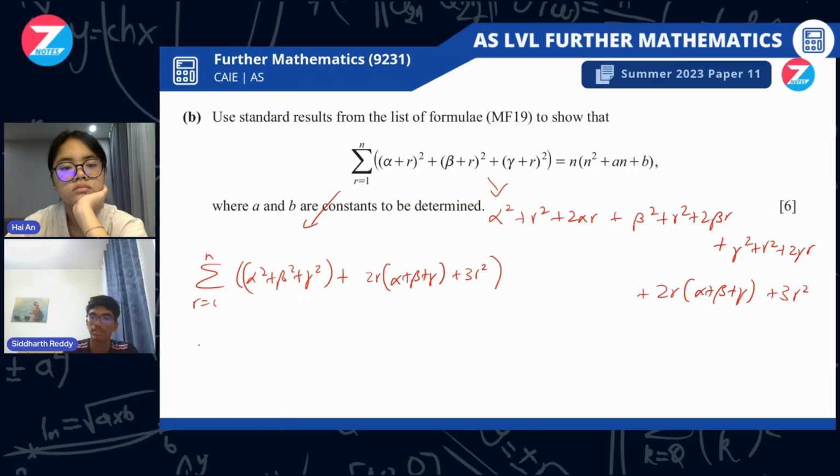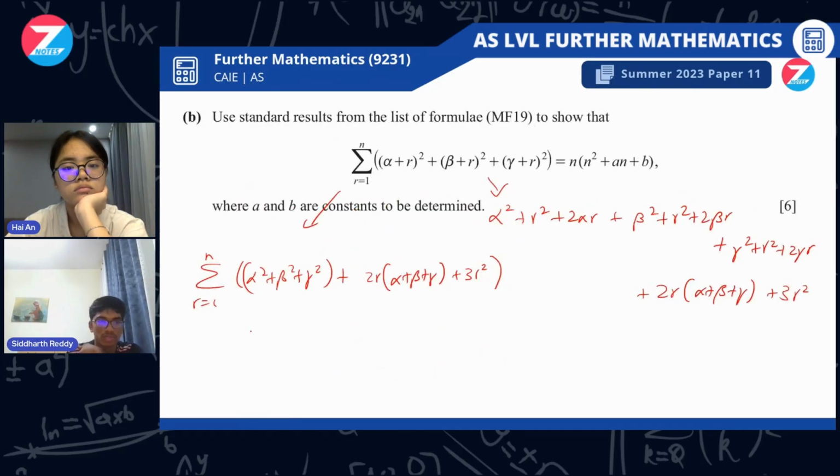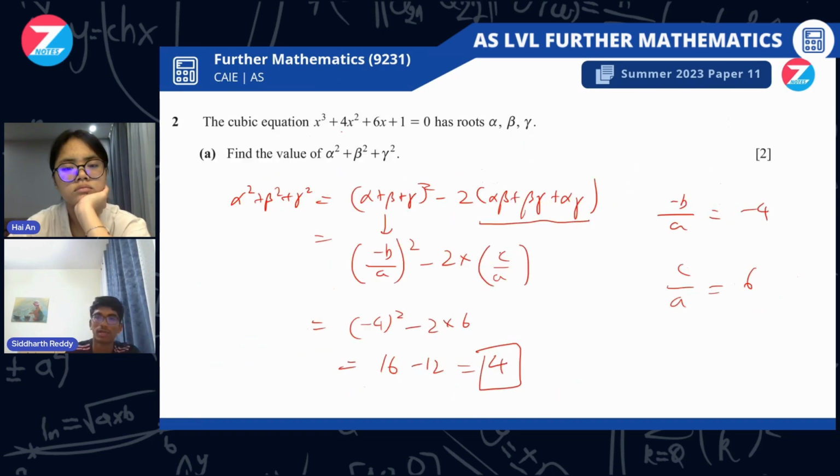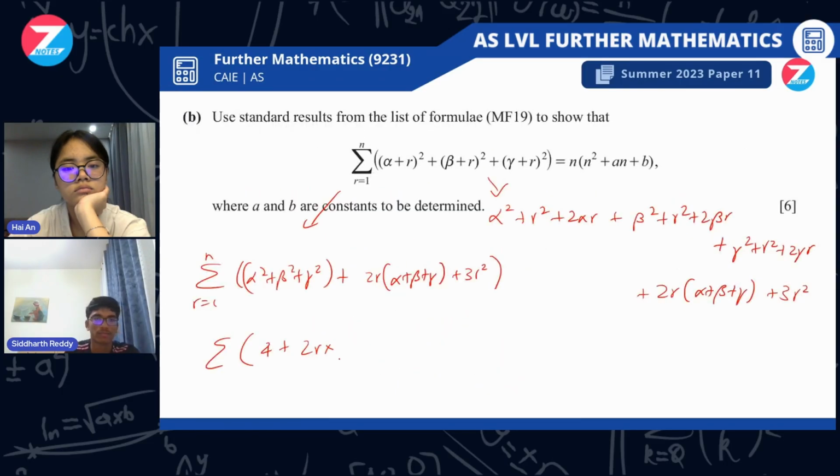Now in the previous part, we found that the value of alpha square plus beta square plus gamma square is 4. So this is going to be equal to 4 plus 2r into, and we already found alpha plus beta plus gamma as minus 4, into minus 4.